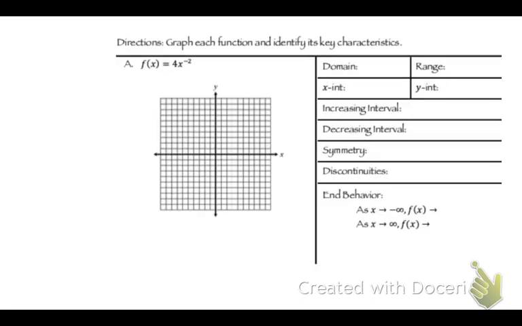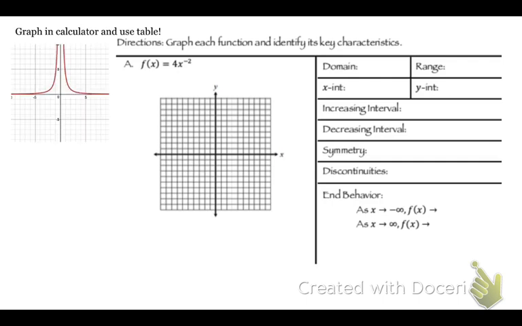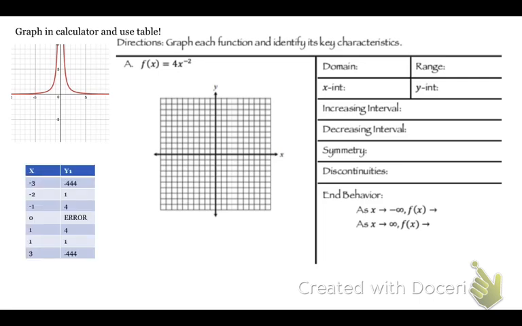Okay? So let's look at this, and again, we're going to pull out our calculator, and we're going to graph it, okay? So 4x to the negative second power, and you should get a graph that looks like that. And then look at the table, so second graph, and go from negative 3 to 3. Notice at 0, there's an error, which means that there's an asymptote at 0.